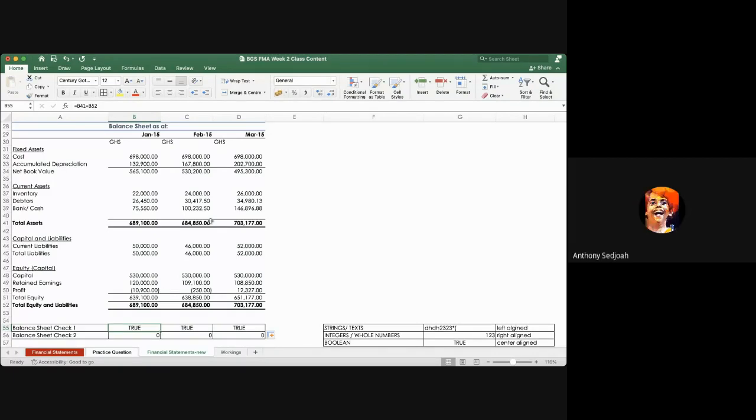Okay. The reason I'm saying that if the data is plenty, it might be difficult for us to spot. So let's say this amount is something like, let me type 689,100.03. With this one, I can easily spot the difference. Do you get me? But sometimes the numbers can look very similar.